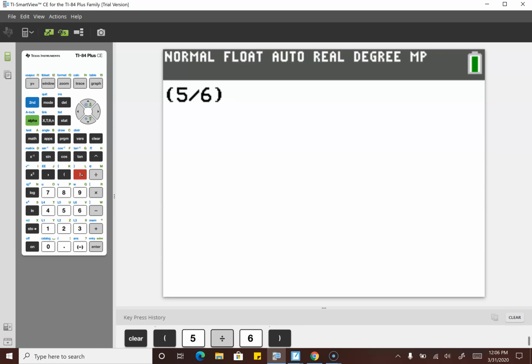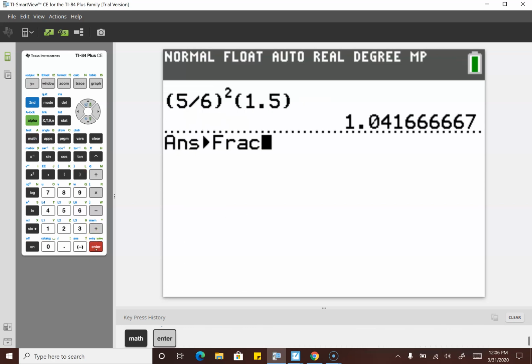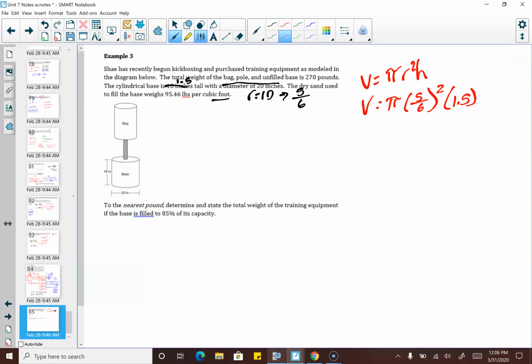So 5/6 squared times 1.5 gives you 25/24 pi. Now again, you could just figure out what your decimal is, go 4 decimal places, and you should be fine. But if I can make it into a fraction, I just feel like it makes my life a lot easier.